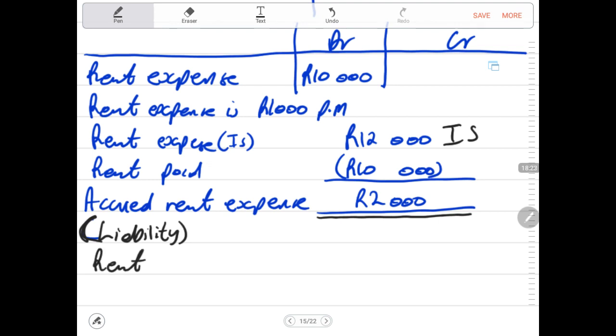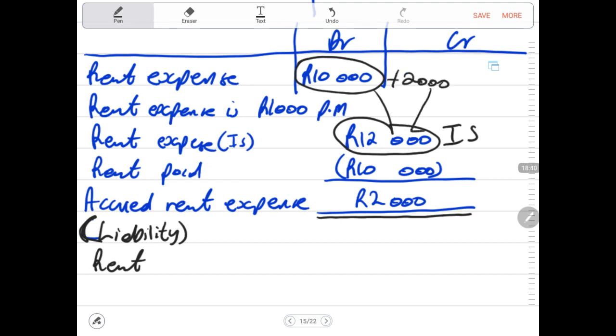Remember, your intention, guys, is to increase the amount in the trial balance so that it can be equal to the amount that is supposed to be recorded in the income statement. So the intention is to increase the 10,000 by 2,000 so that it becomes 12,000 that must be recorded in the income statement.